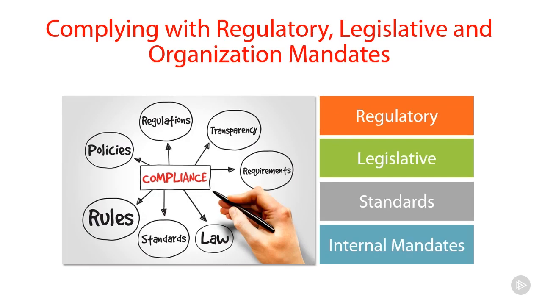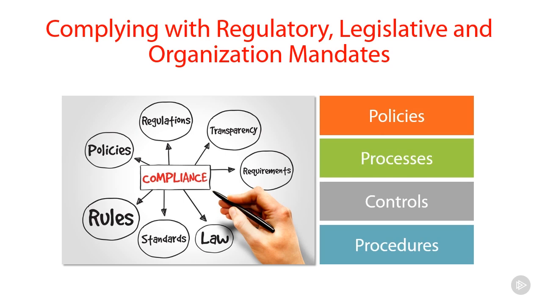In order to be truly effective, an organization has to be able to comply with all regulatory, legislative, and organizational mandates that exist. The information security organization has to be a part of enabling an organization to meet the compliance with these different areas. Internally, an organization has policies, processes, controls, and procedures that must be followed.